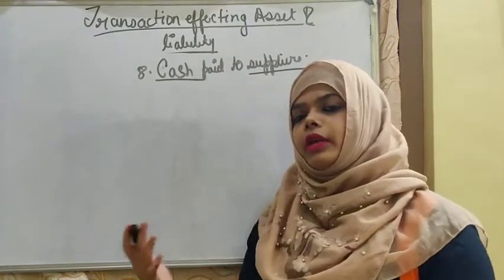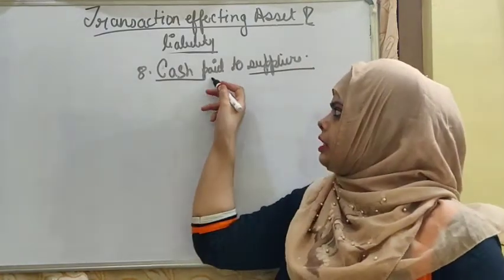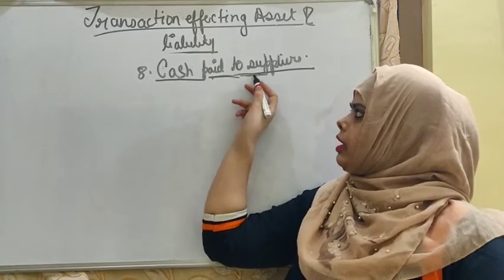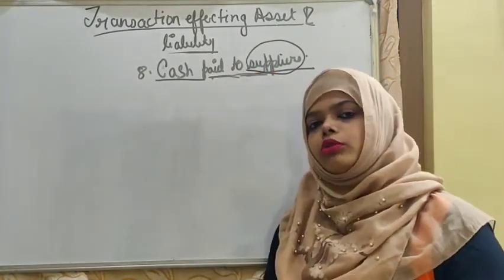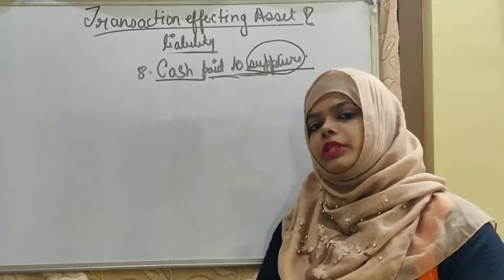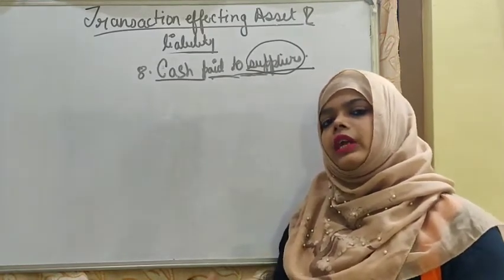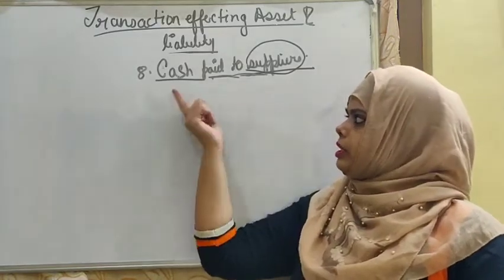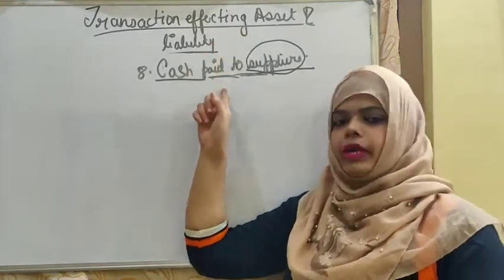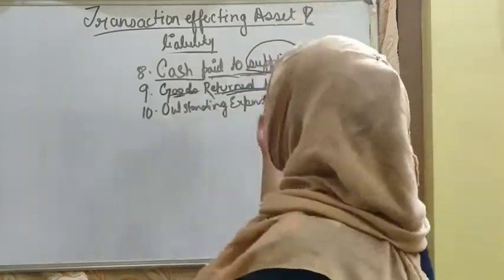Paid means we are paying some amount, so it comes under liability. Suppliers are the persons who supply goods and commodities to our business for the sale of goods and services. So cash paid comes under asset and the payment to suppliers comes under liability.